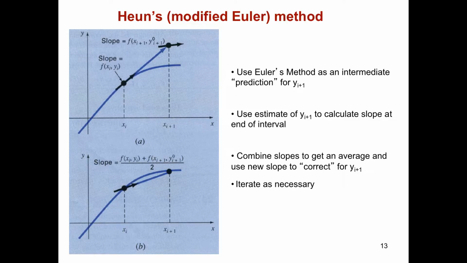Basically I say, I'm going to take this first slope, f of xi, yi. Then I'm going to take the slope at the point where Euler's method would predict my next point. Instead of taking that point, I take the slope at that point, and then average these two slopes and get a little better estimate of my slope.